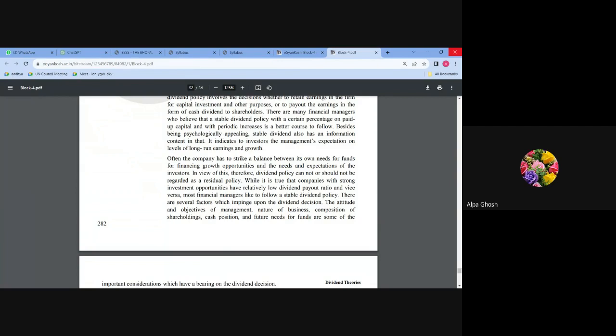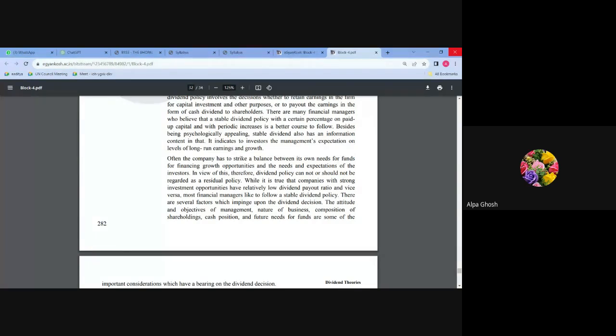Residual means once you use all the profits, then the balance is paid as dividend. No, it should not be treated as a residual policy. While it is true that companies with strong investment opportunities have relatively low dividend payout ratios and vice versa, most financial managers like to follow a stable dividend policy.